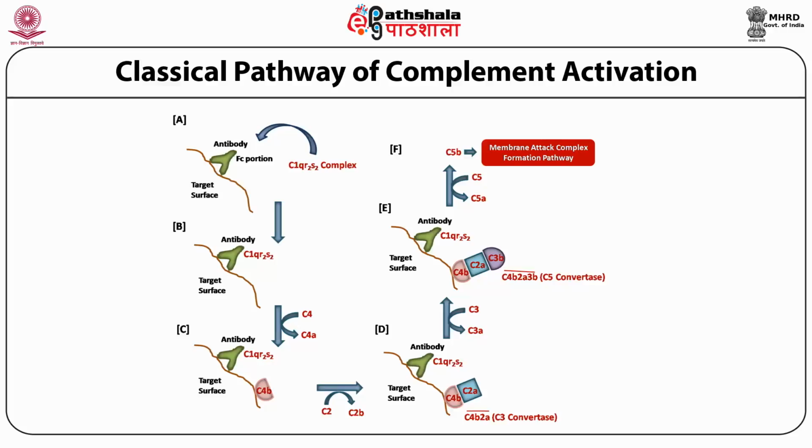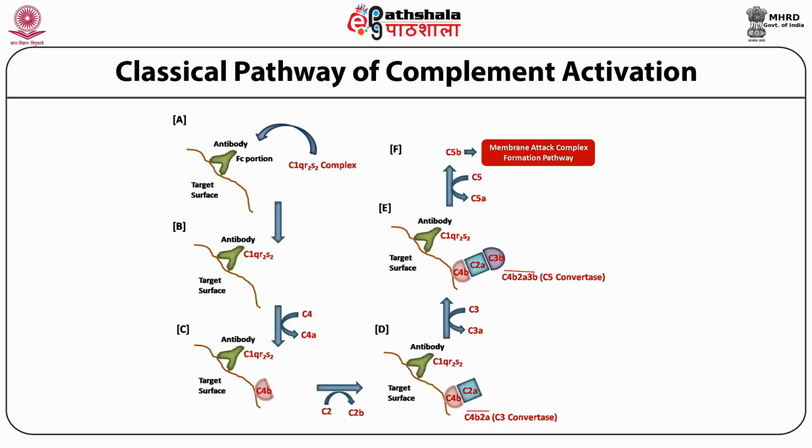The resulting C4b2a complex is called the classical C3 convertase enzyme, as it activates C3 from its zymogenic form to active form. C3 complement consists of two polypeptide chains, alpha and beta. C3 convertase hydrolyzes C3a from the amino terminal of the alpha chain of C3 and generates C3b.